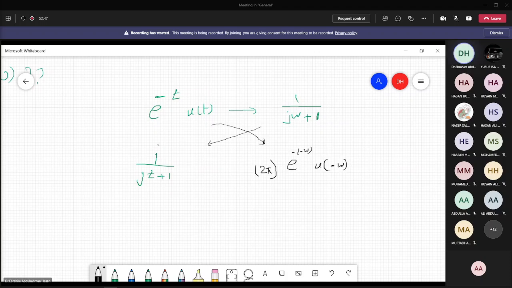So then the Fourier transform for 1 over jt.